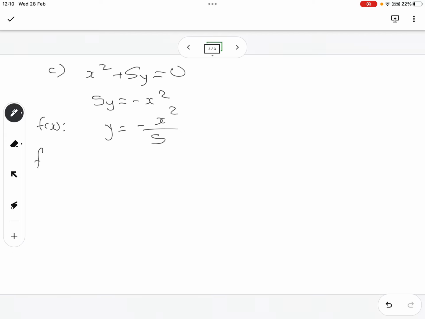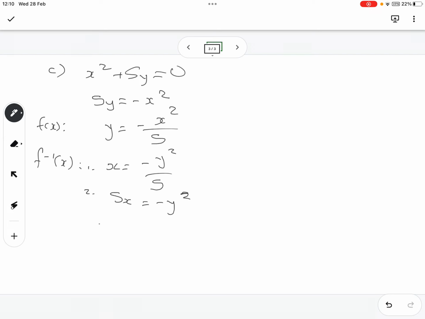Then to get f inverse of x, we first swap the y and x values. So x equals negative y squared over 5. Then we make y the subject of the formula, such that 5x is y squared, no?